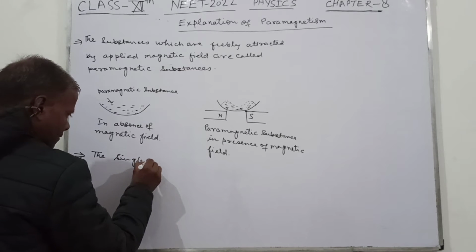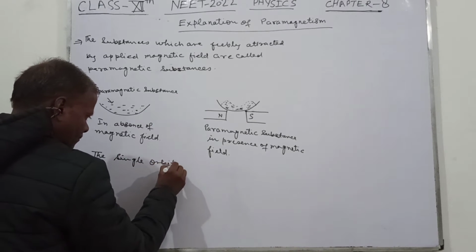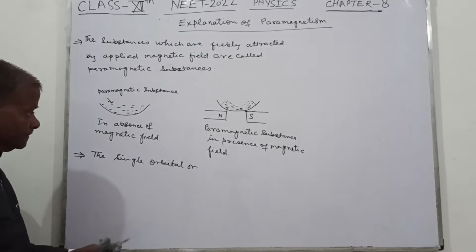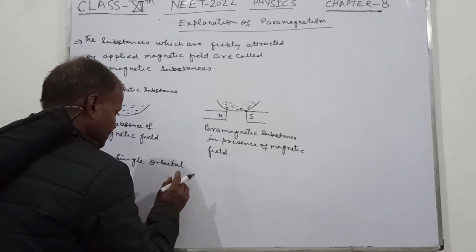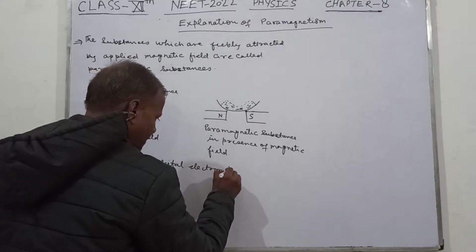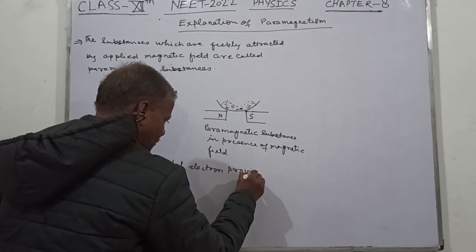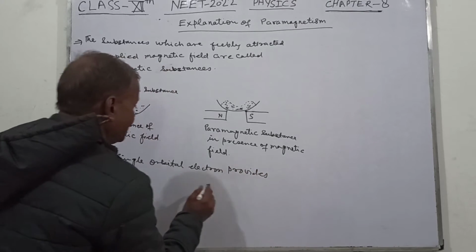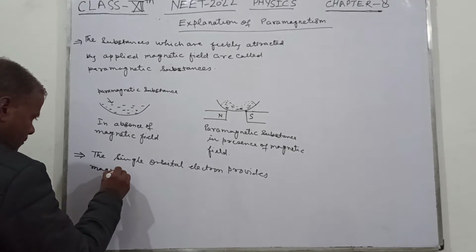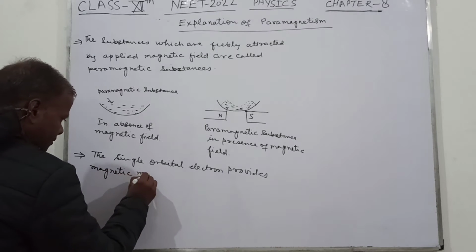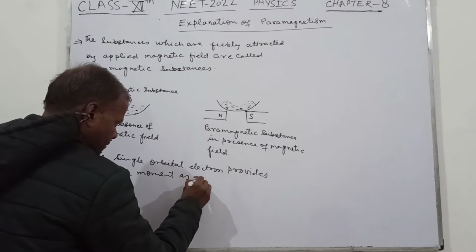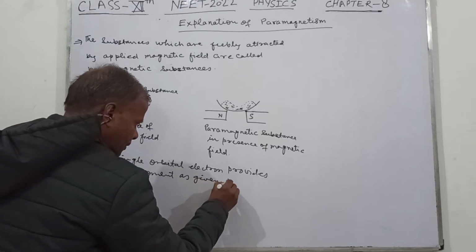The single orbital electron provides magnetic moment as given below.